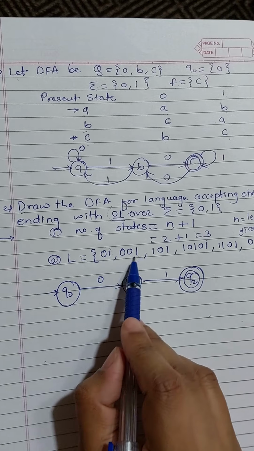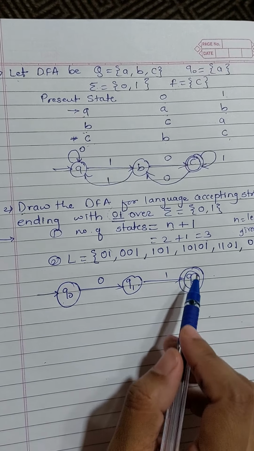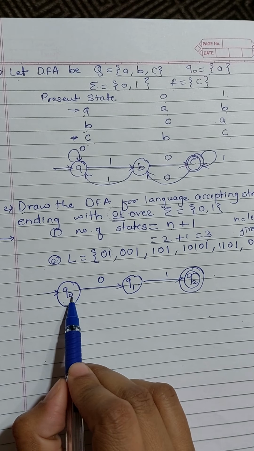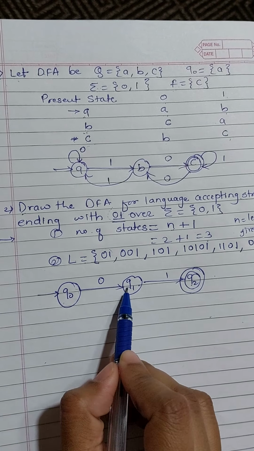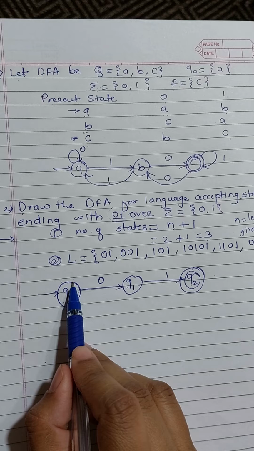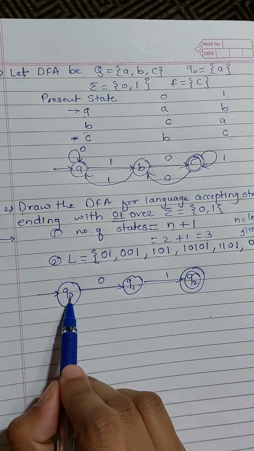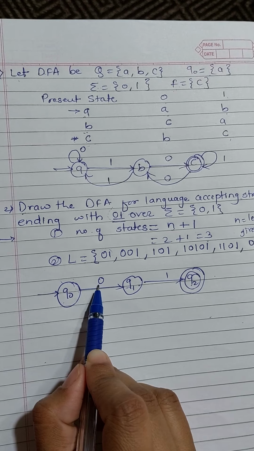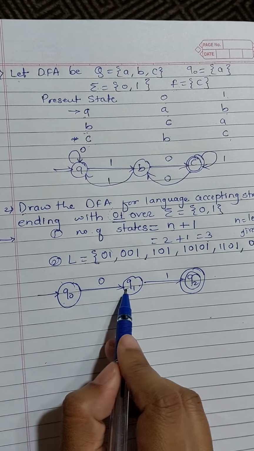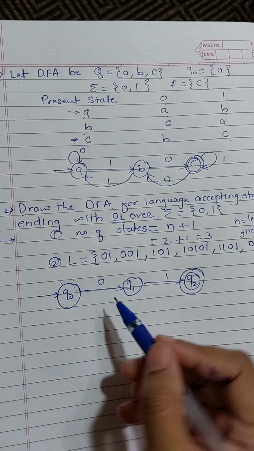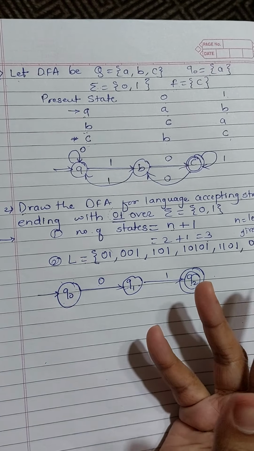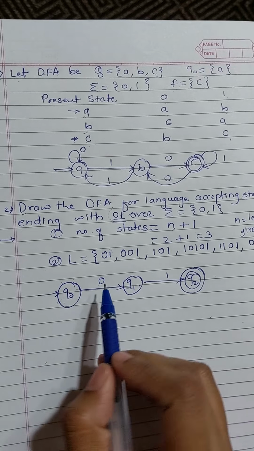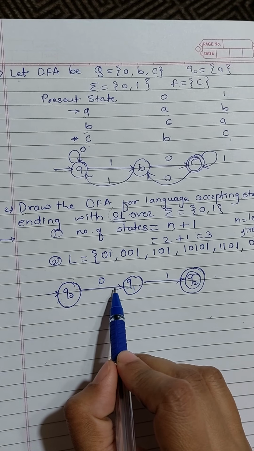Now if you observe the next string, we have 0 0 1. For the first state, that is q naught, we already have provided input for 0, so I cannot provide any other input for 0, because in DFA for any one symbol we have only one transition, so I cannot write for 0 again. So it is for sure that I cannot have any transition on q naught again, as we already have provided it over here.